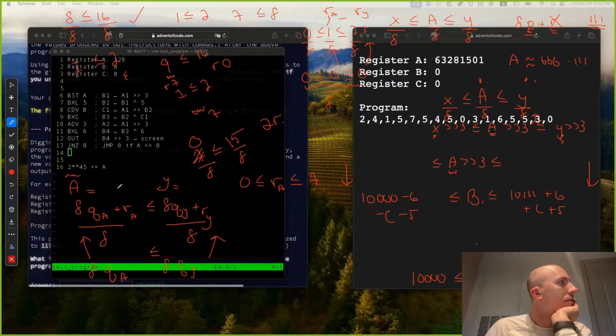What if we just say that the remainder is 0? Like, the remainder of A is 0. Who even cares? If we just multiply both of these by 8, the inequality is still going to hold. And do we really care?